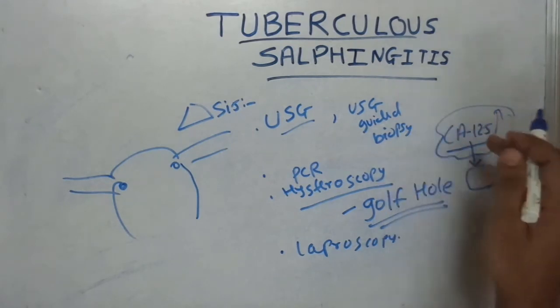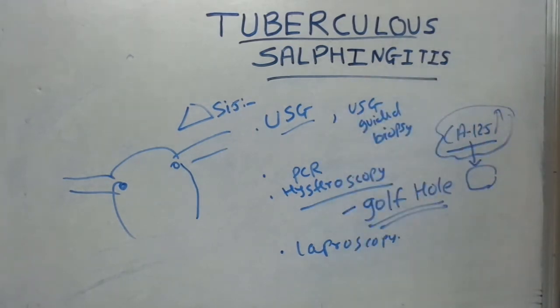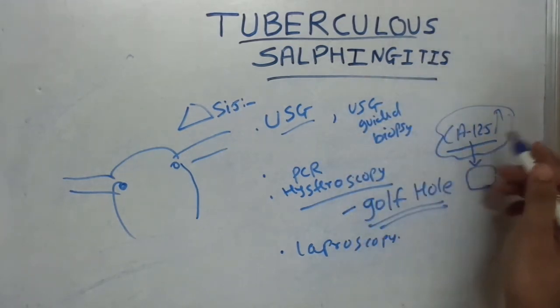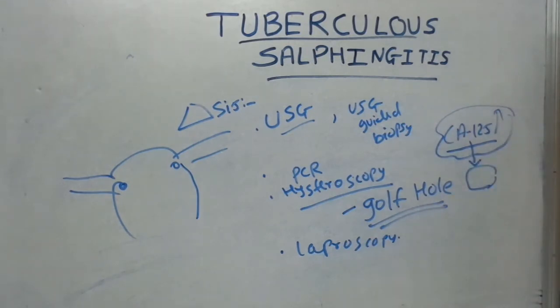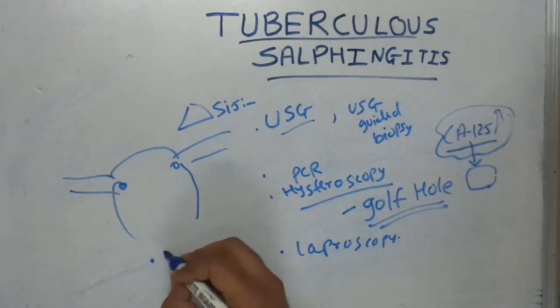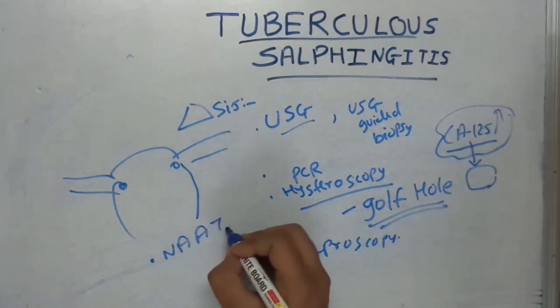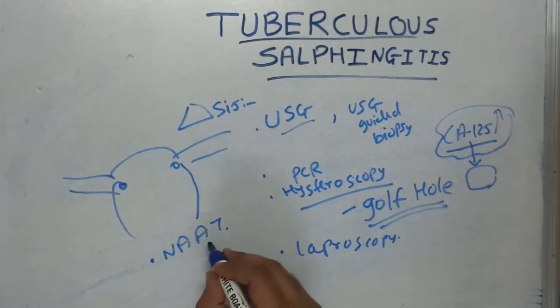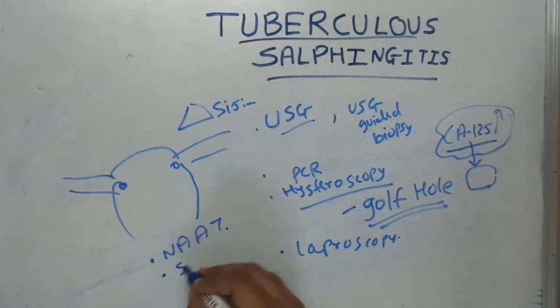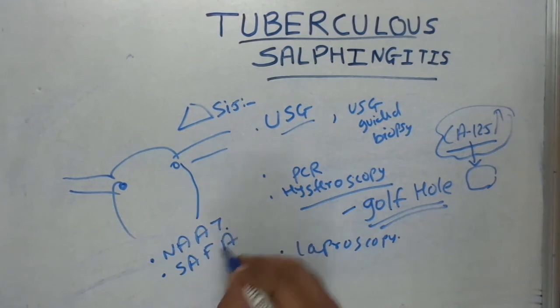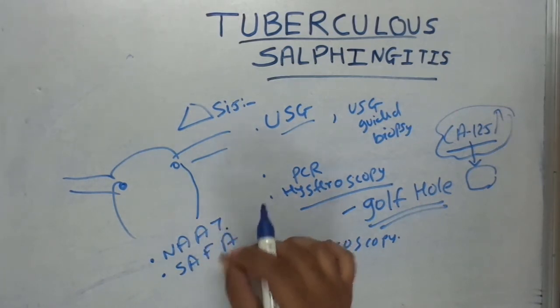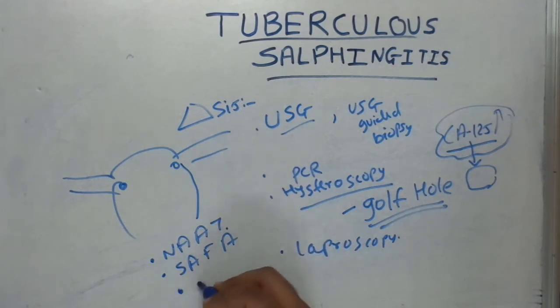So it is non-specifically elevated in tuberculous salpingitis or pelvic tuberculosis when the ovary is involved. Then other tests such as NAAT, that is nucleic acid amplification test, then SAFA, that is soluble antigen fluorescent antibody test, then gas chromatography.